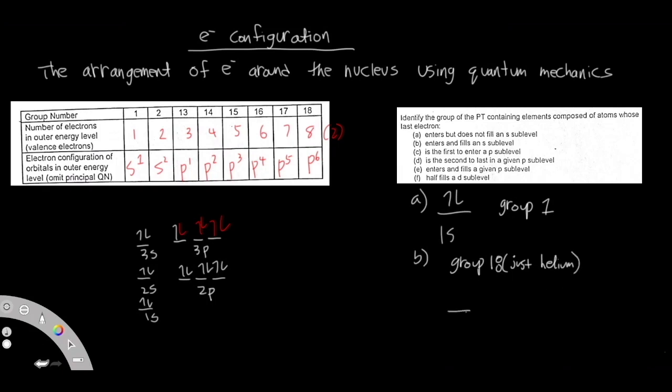We're going to use another example here. Let's say beryllium. Okay, so beryllium is 1s2, 2s2. So you've got 1, 2, you've got 3, 4. So this is beryllium's. All right, so you notice how it fills an S sublevel.